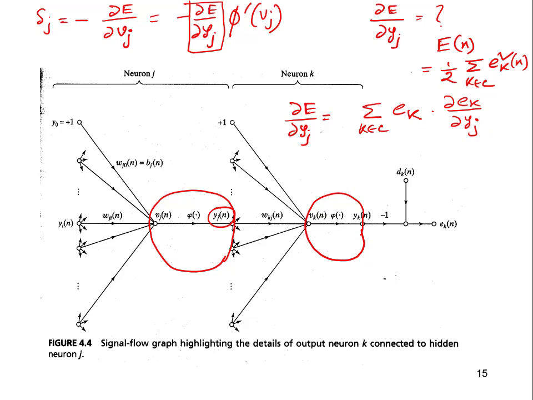The sum over k appears because yj is connected with multiple k's, so we cannot consider the other cases as constant and chunk them out as 0.